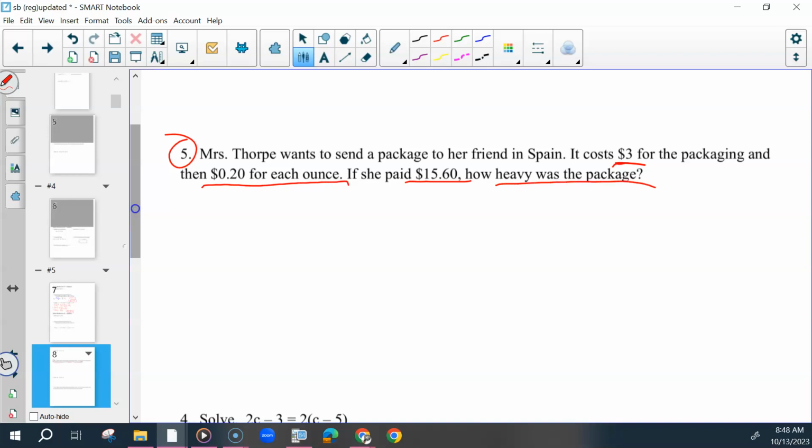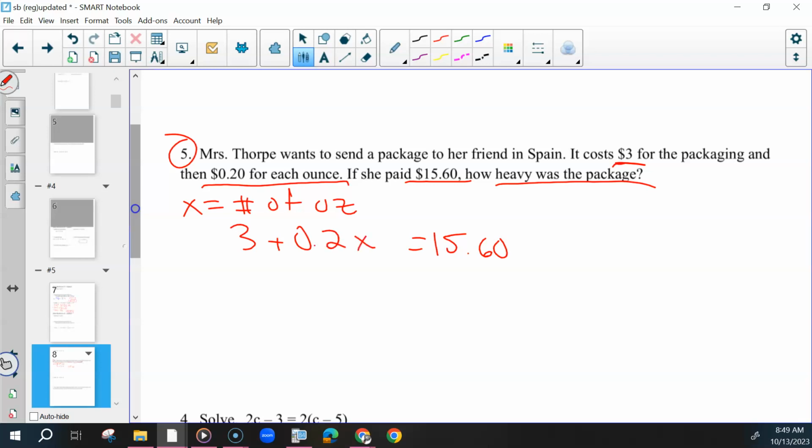So you need some variables, call that x, for number of ounces. We know the total is 15.60, and we would be adding 3 plus 0.2x, and then we could solve.